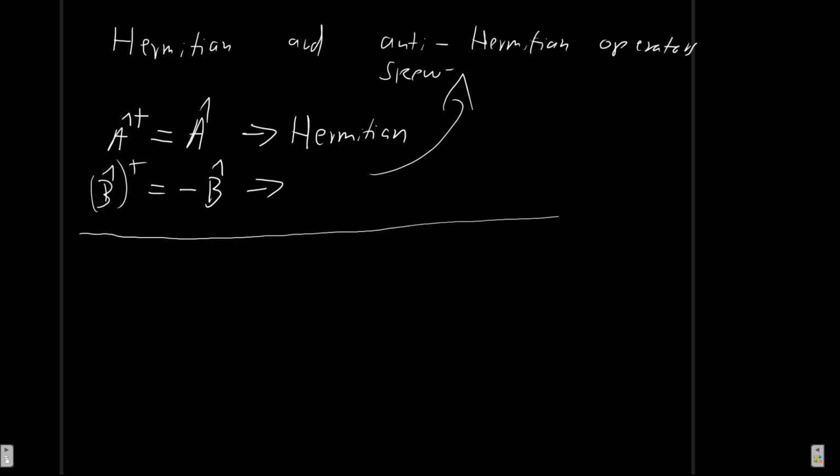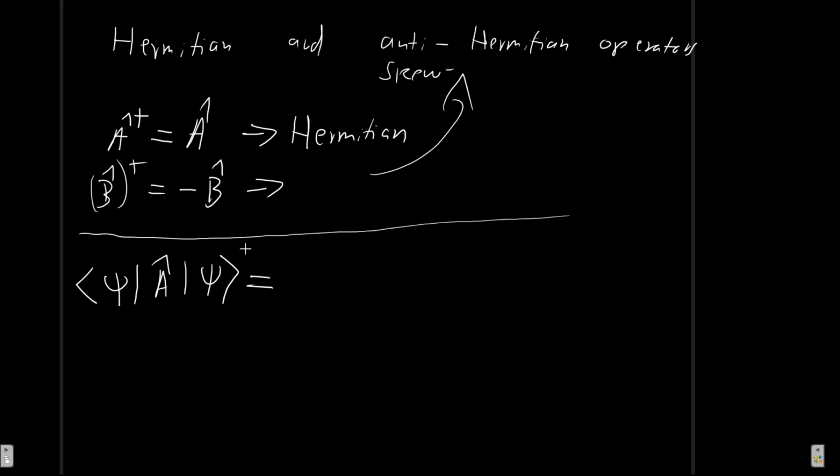Now, I do want to show us quickly that the expectation value of a Hermitian operator is real, and that the expectation value of a skew Hermitian operator is going to be imaginary. So in order to do that, let us take just the sandwich of some expectation value. Remember, expectation value will be bra of some psi times some operator times this ket.